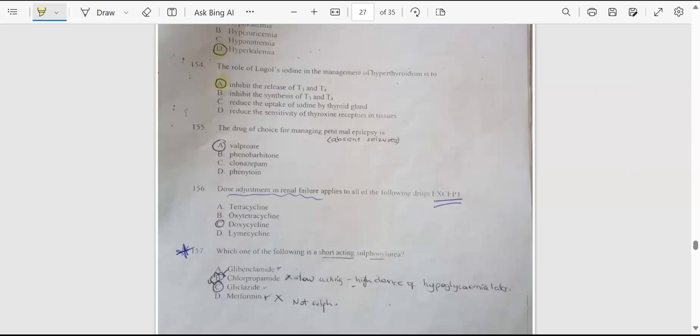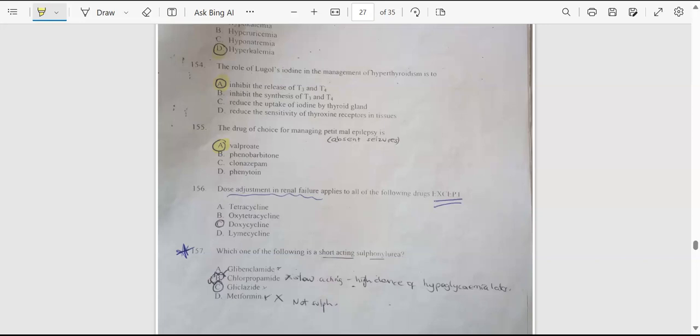Board discussion has told me it's valproate. I agree. Could you give a bit more information? Just as the person has written, petit mal is the absence seizure, that's the other name for it, and we only have 2 drugs for it, ethosuximide and valproate.